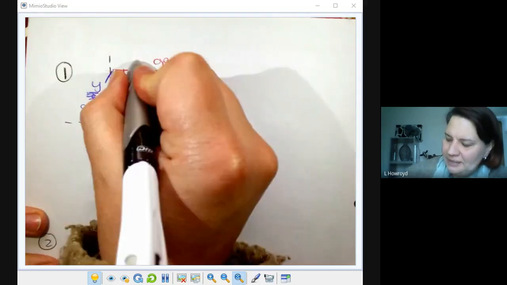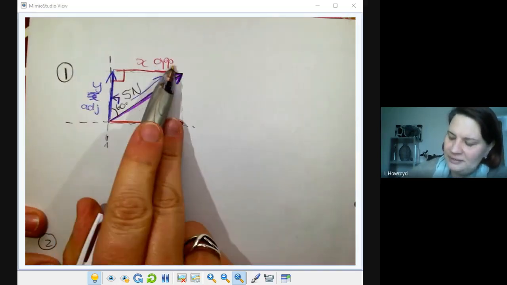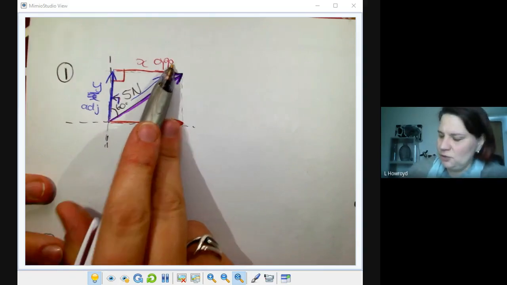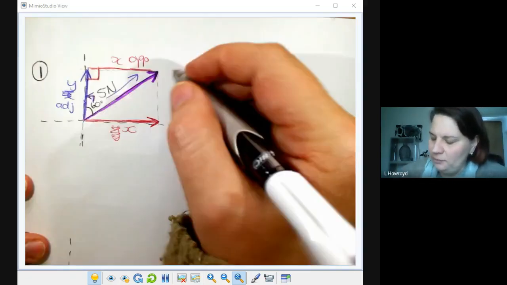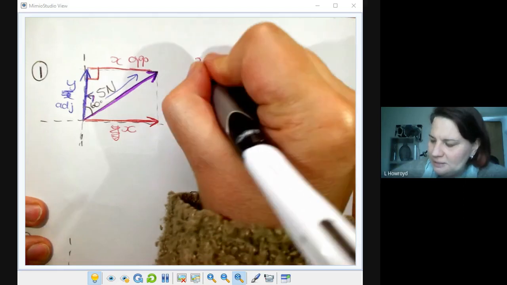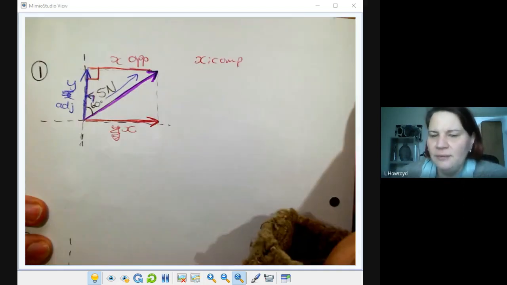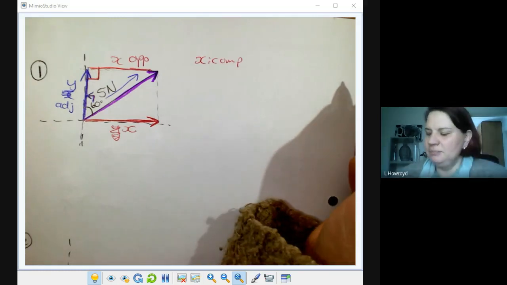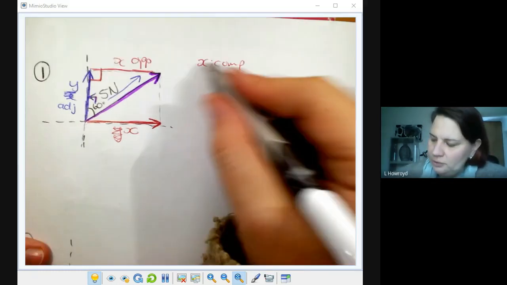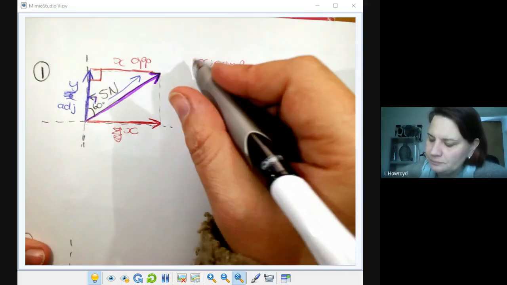Okay, so this is my x component here, and it's also my opposite. Okay, so I want to work out the red component, and so that is my x component, and you can even tell me which one you're working out. The more you give me in an exam or a test, the better it is for you. So I'm going to work out the x component.